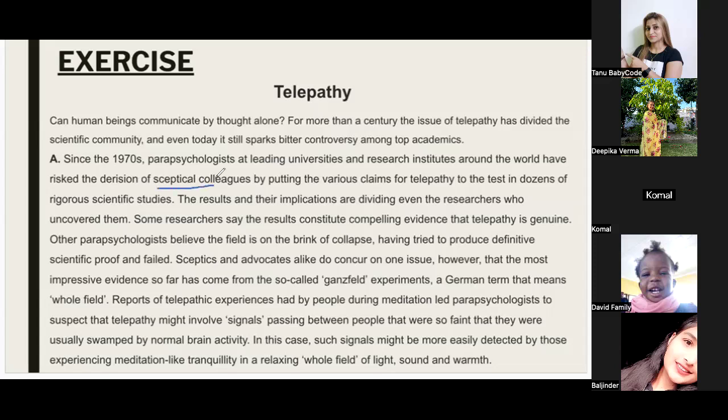They're talking about skeptical colleagues. Now talking about some researchers. We got the keyword here.